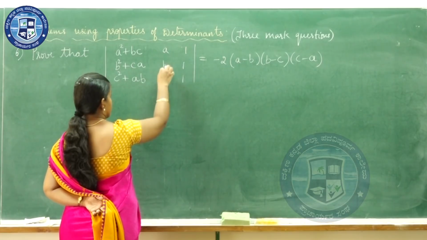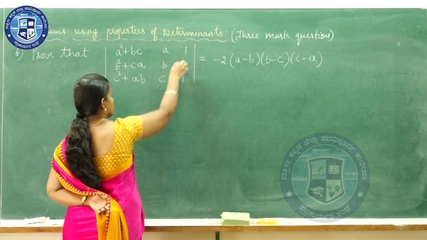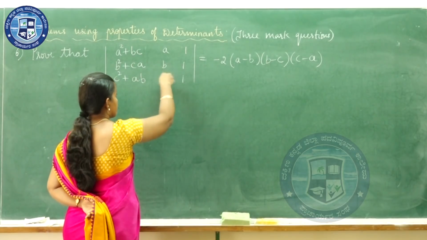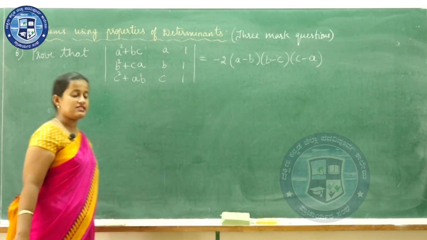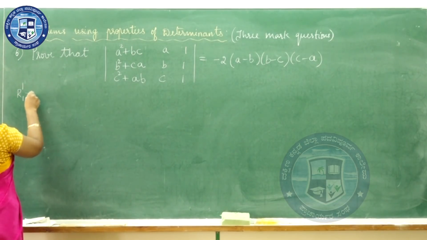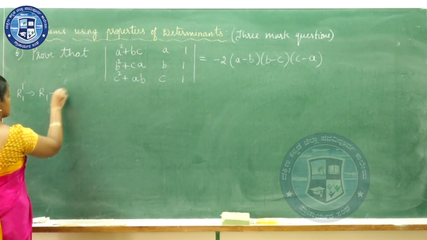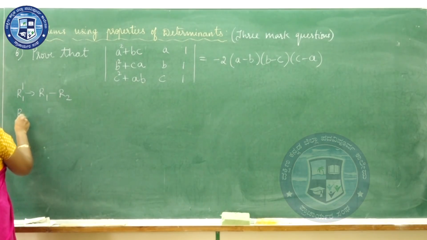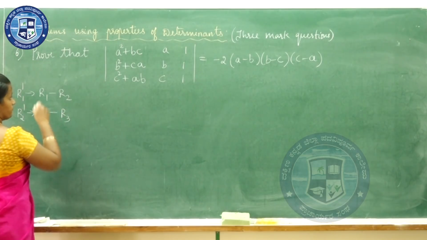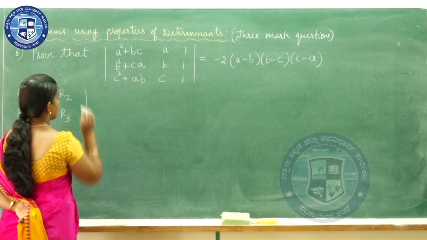We have A and B, so if we want A minus B, we should do R1 minus R2. If we want B minus C, we should do R2 minus R3. Let us do those two operations. So R1 replaced with R1 minus R2 and replace R2 with R2 minus R3. Okay, so see what we will get.